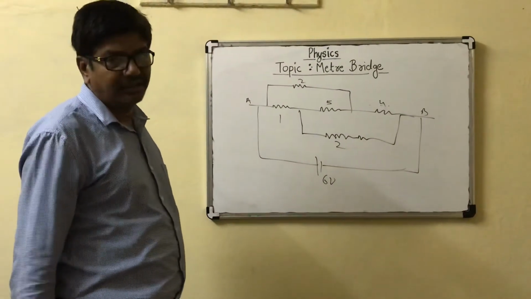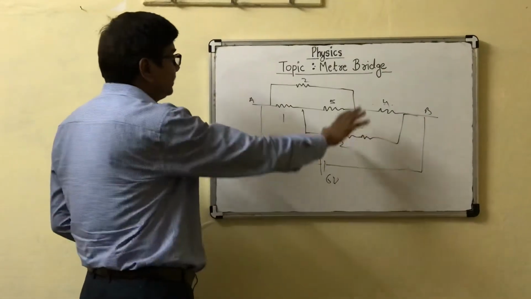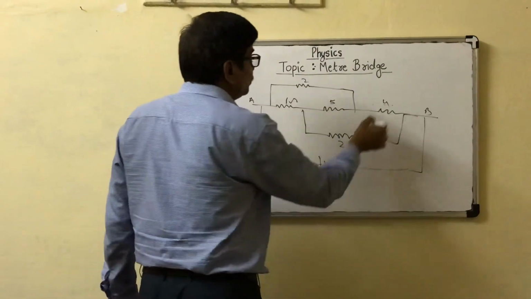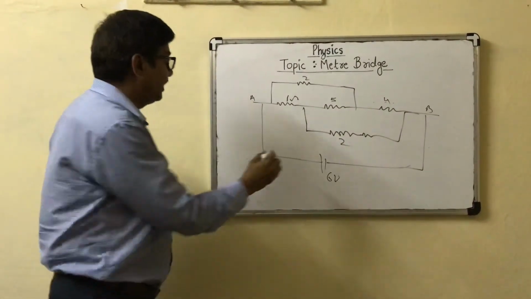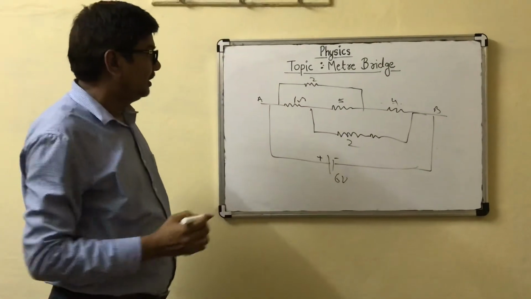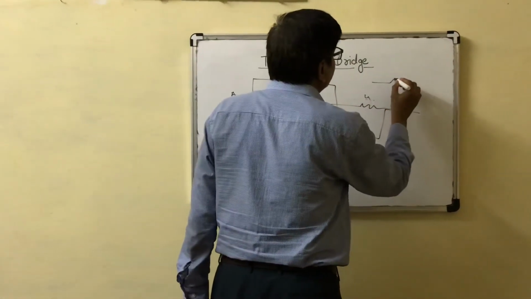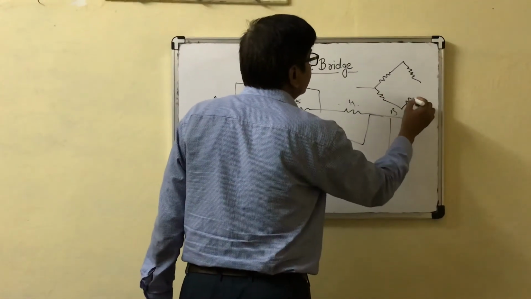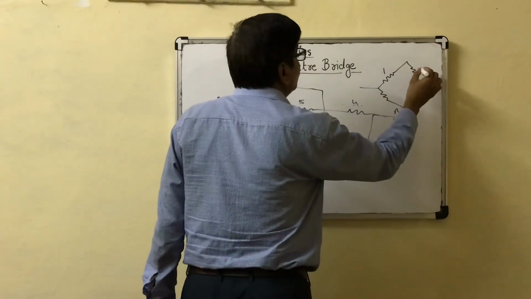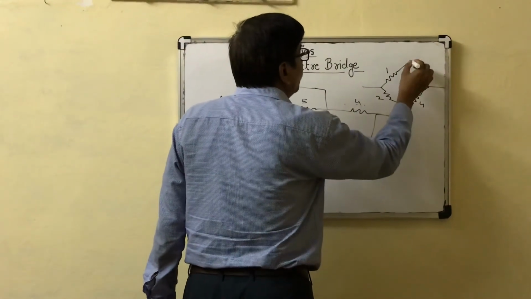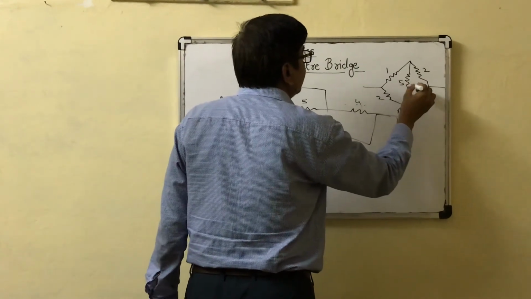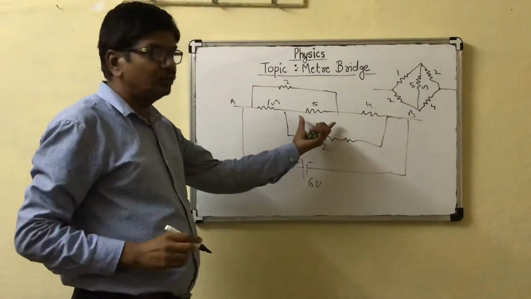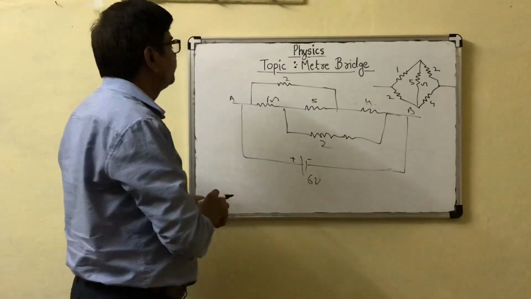Calculate current. Now in this case, this is 1 ohm resistance, 2 ohm resistance, 5 ohm, 2 ohm, 4 ohm. We have to calculate current. Now in this case, first we draw this type of circuit. 1 ohm, 2 ohm, 2 ohm, 4 ohm, and this is 5 ohm. No current flows through this section.